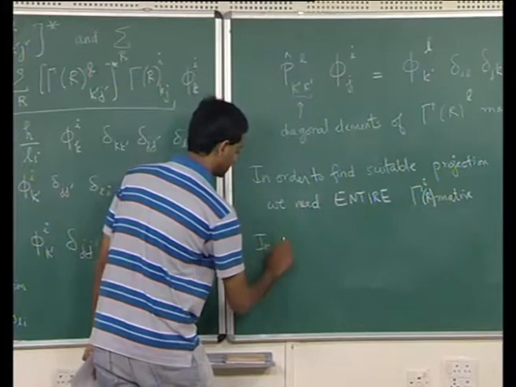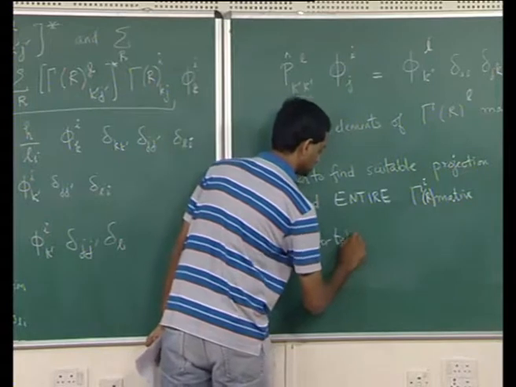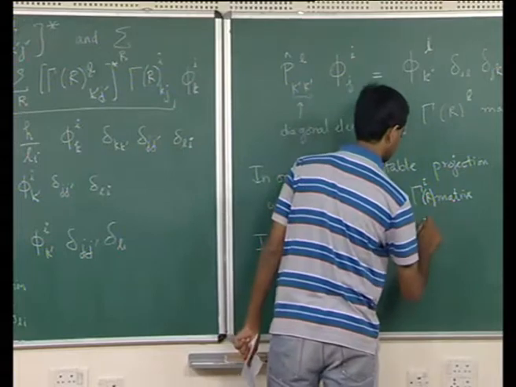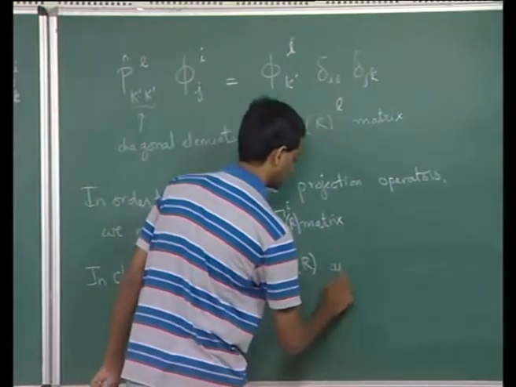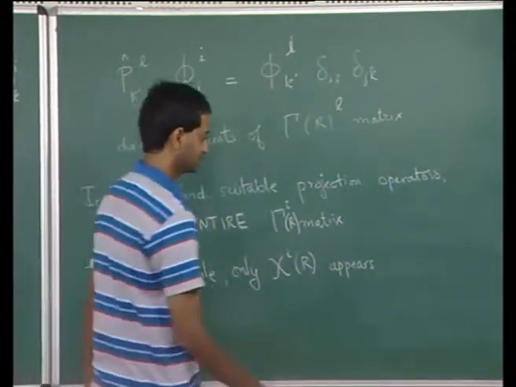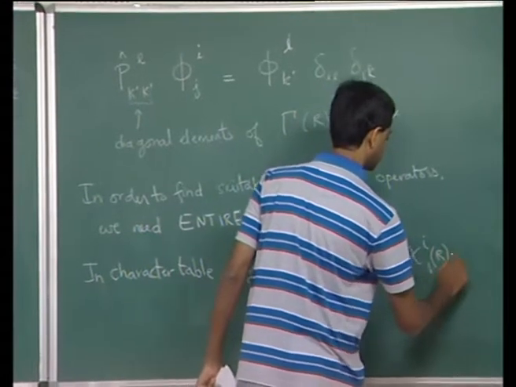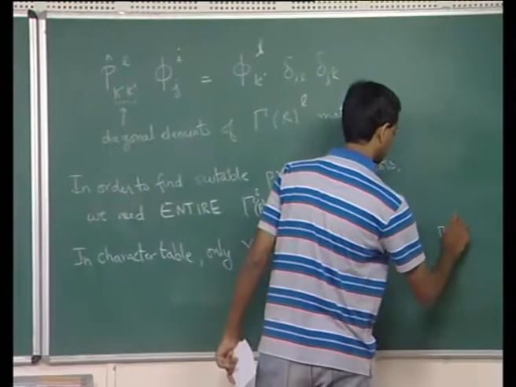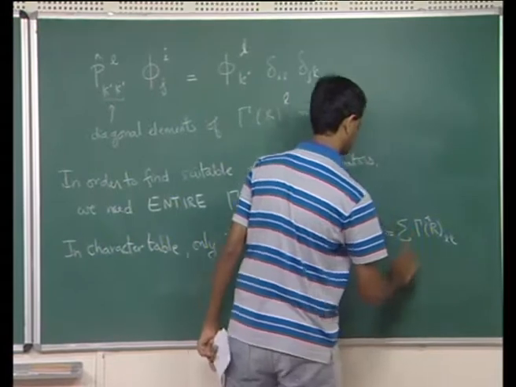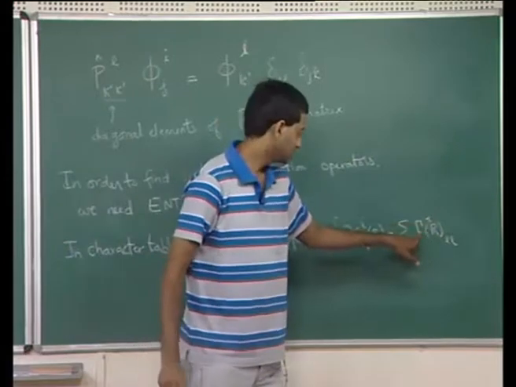In the character table, only chi^I(R) appears, and chi^I(R) is equal to the sum over L of gamma^I(R)_{LL}. So it is a sum of the diagonal elements of this matrix.